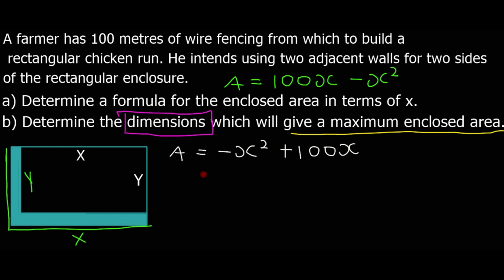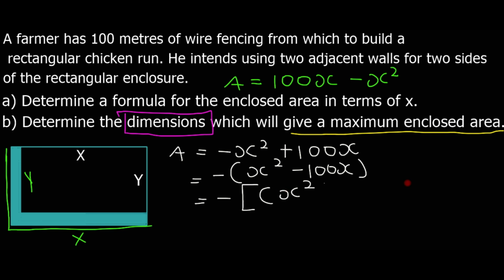So from there, complete the square: we take out the negative and remain with x squared and then minus 100x, and then from there we have the negative, and then this is x squared minus 100x, and this is my b, and it is negative 100.